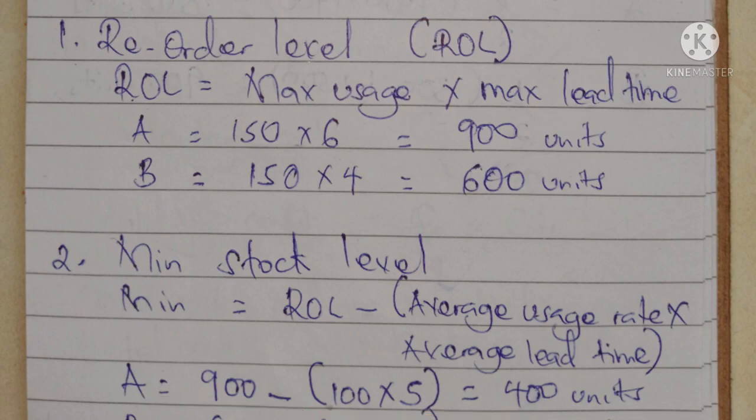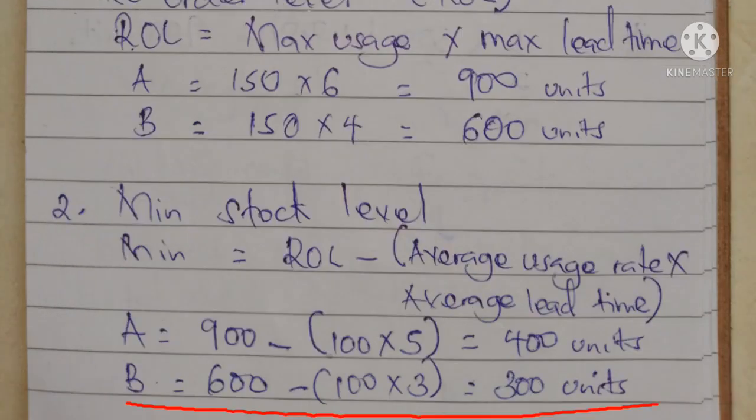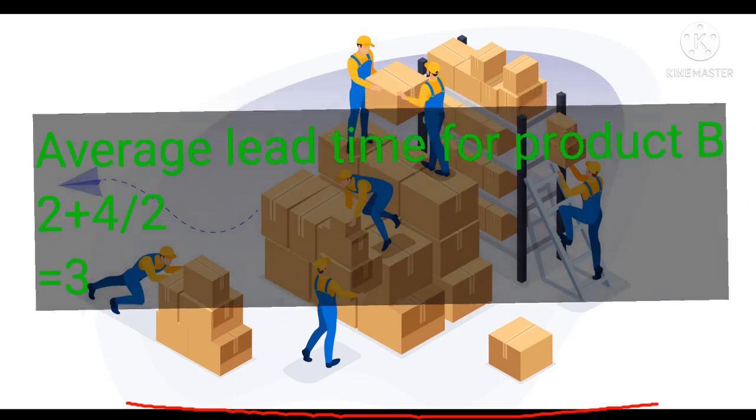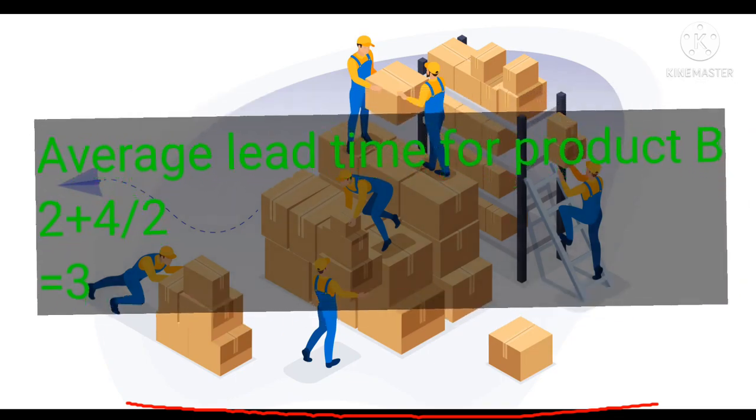Then for product B, the reorder level is 600 units, then minus, into brackets, the average usage rate from the question, which was 100, then times the average lead time. Product B had a lead time of 2 to 4 weeks, and the figure in between is 3, so the average lead time is 3 weeks, or you can add 2 plus 4 and then divide by 2, you get 3.